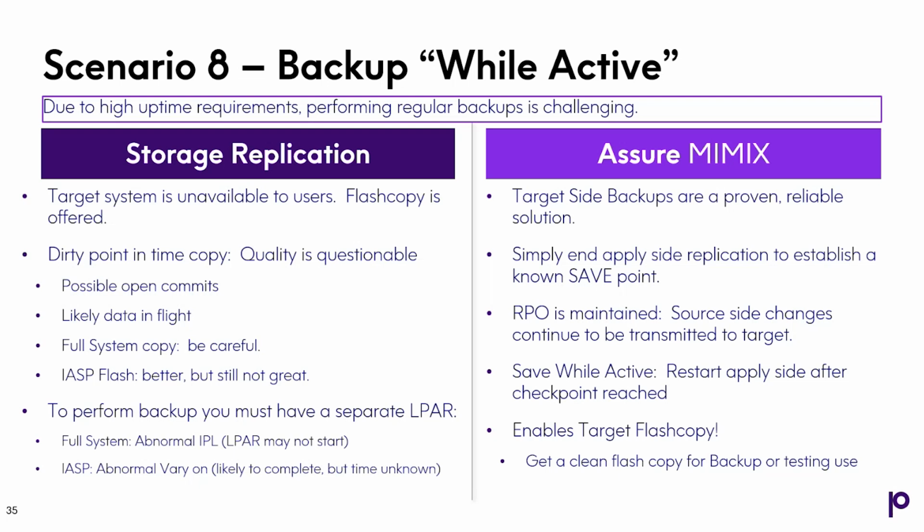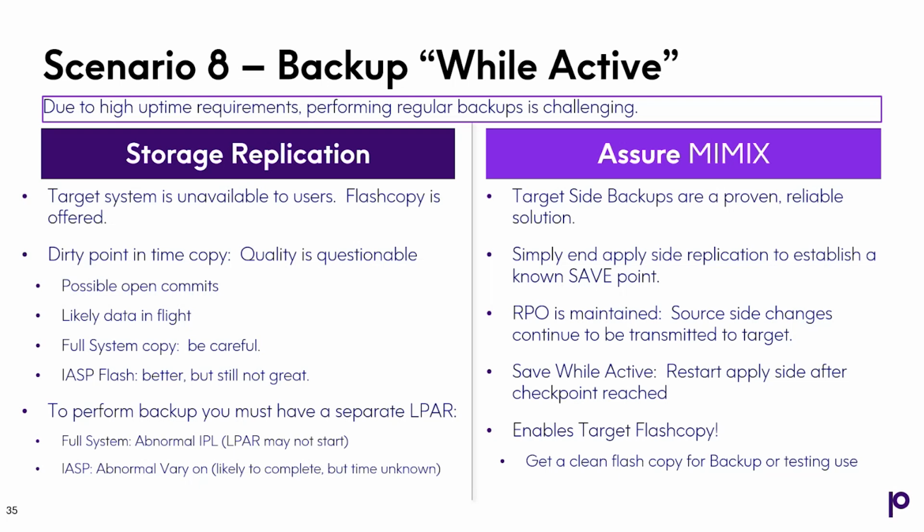But if you compare that to Mimics, we like flash copy. You can do a flash copy on the backup system with Mimics if you want to, and simply end the apply sessions. You're still protected through remote journaling. The changes are still queued up on the target system. You can do a flash copy of that LPAR, and after the flash is done, you can bring the apply jobs back up and you're up and running again.